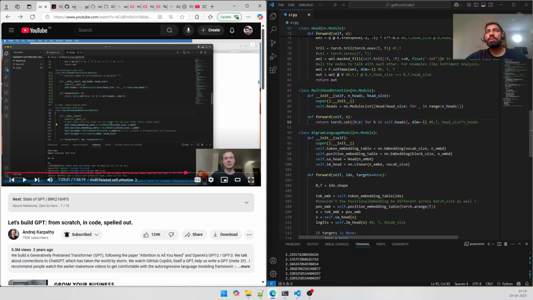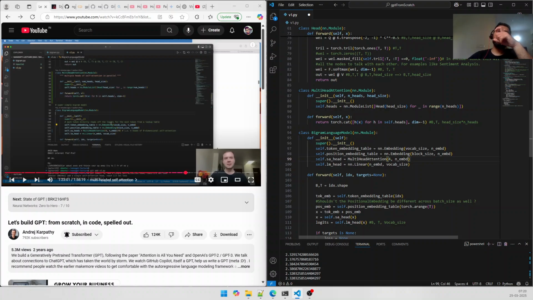Rather than that, we are doing multi-headed attention, the number of heads he's saying is 4, and the number of embedding is 32.